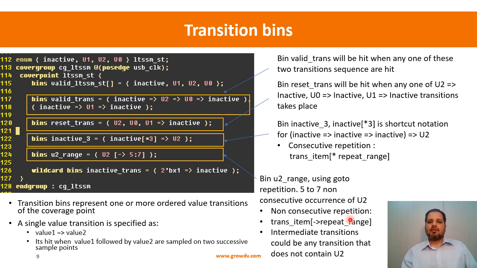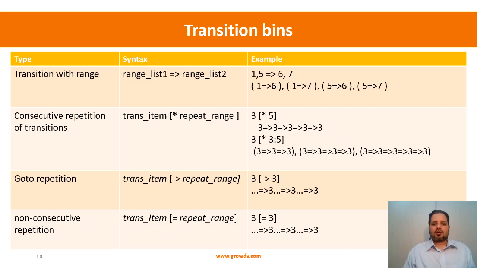That is fine. But what we have to notice is, even if it happens consecutively, still the non-consecutive Goto will be considered as hit. But if it doesn't happen consecutively, and intermediately there are different state transitions, still this particular bin will be considered as hit. We used some of these transition bin operators in the previous slide when we looked at the example.